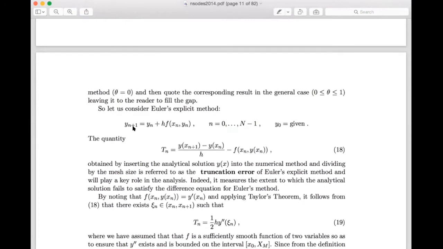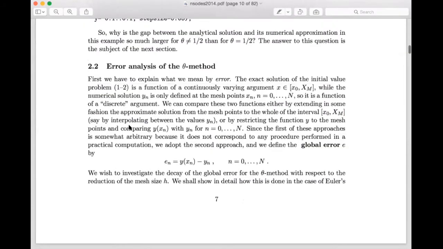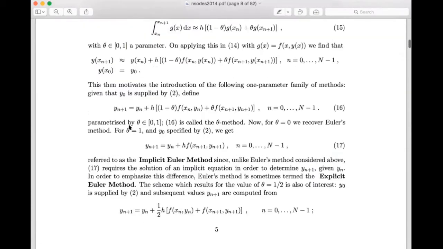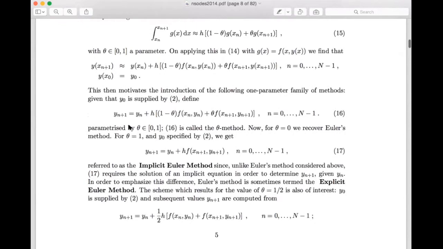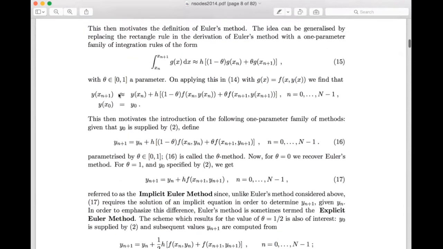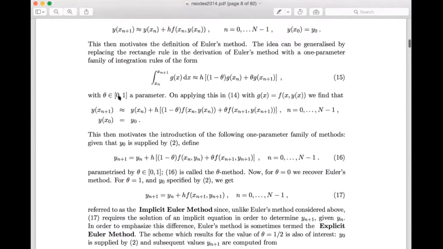Basically, if we replace, so what was the truncation error? If you observe, when we make the approximation, then this equality becomes an inequality.